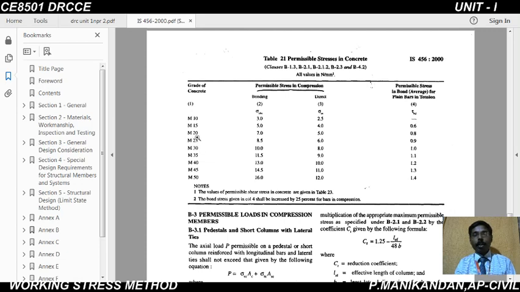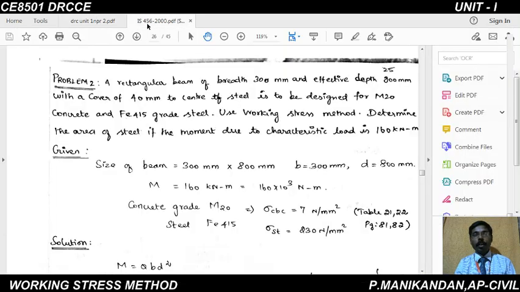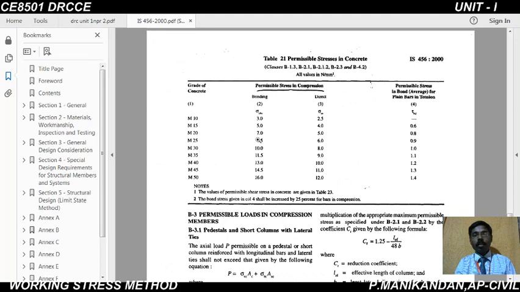The sigma CBC value is listed in the table: for M20 grade of concrete, sigma CBC is 7 newton per mm square.